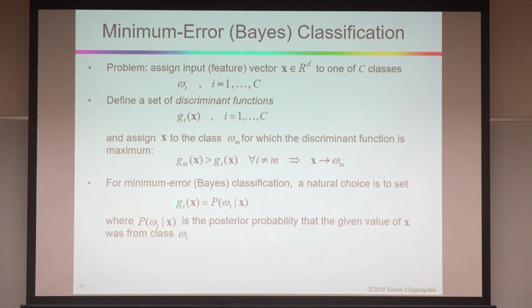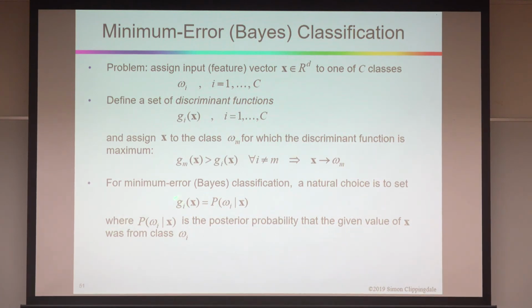And if you set those discriminant functions to be this thing, this is a posterior probability. I don't know if you're familiar with conditional probabilities. Maybe some of you are and some of you aren't. But this thing, P of omega i, the bar is read as given. So P of omega i given x. So this is the posterior probability, the probability that the given value of x came from the ith class, omega i.